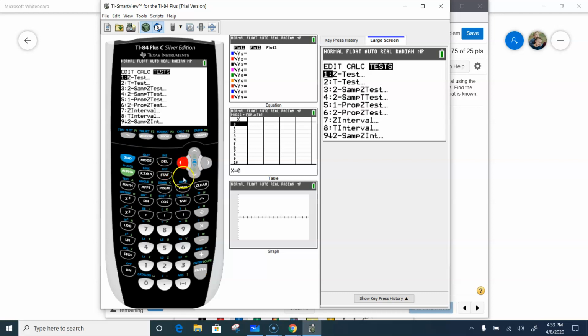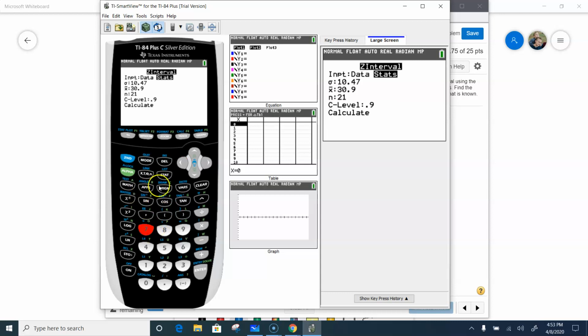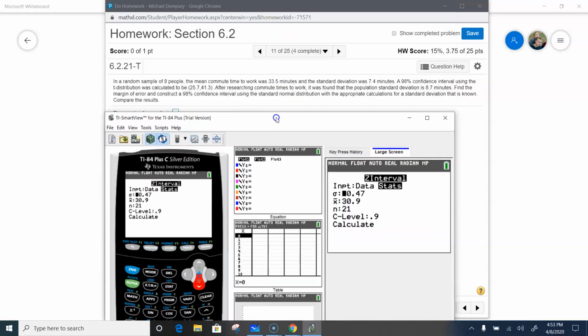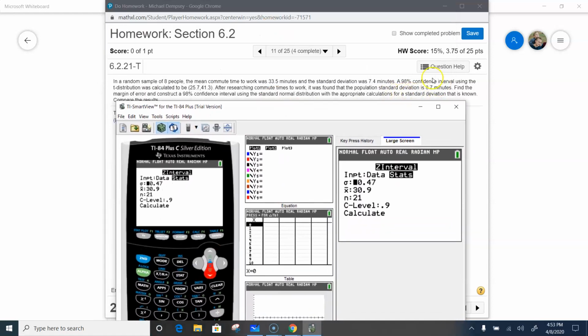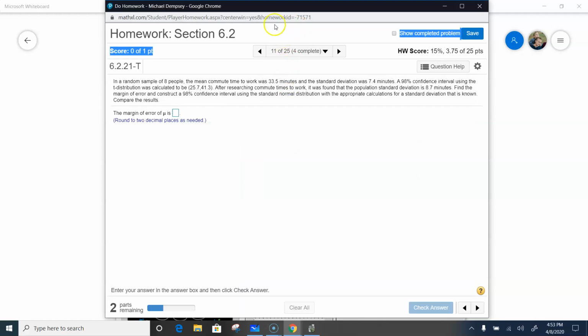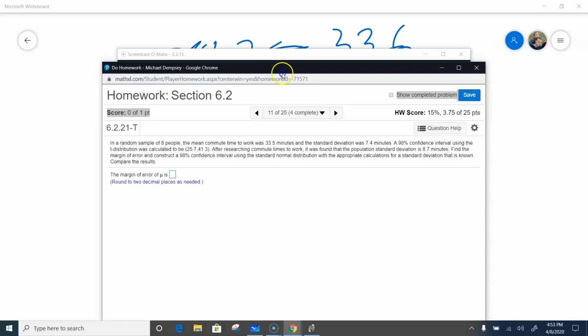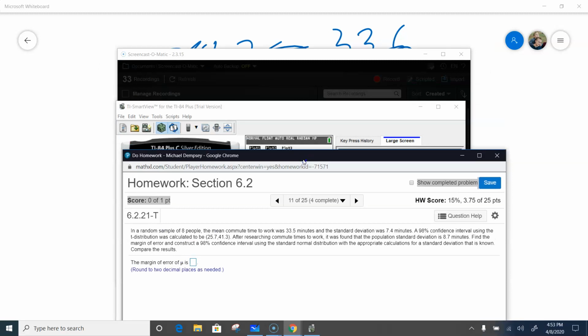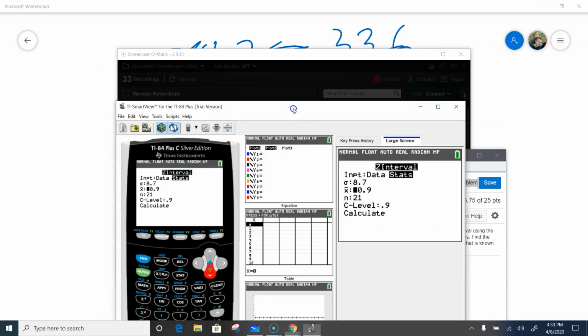So it's stat test, number 7 for z interval, and we do have the statistics. They're telling us that they know that the population standard deviation is actually 8.7 minutes. Okay. And then I go to X bar, which was 33.5.